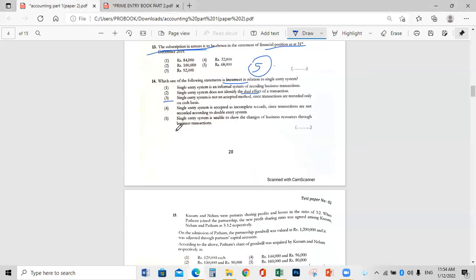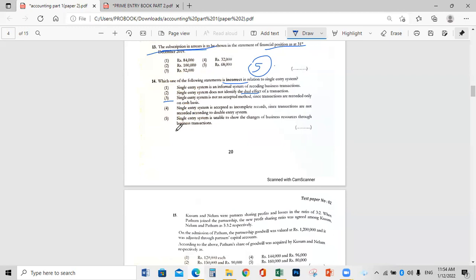Now see, single entry system is accepted as an incomplete record since transactions are not recorded according to double entry. Yes, we can say that, guys, because we are not following the double entry system, the records are incomplete because you're only recording in one ledger, you're not recording in the other ledger.